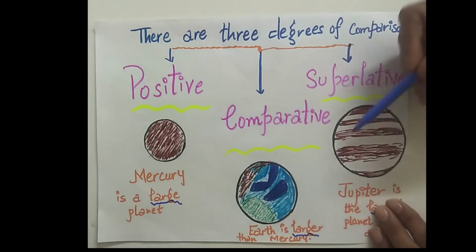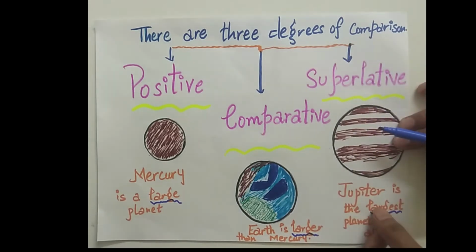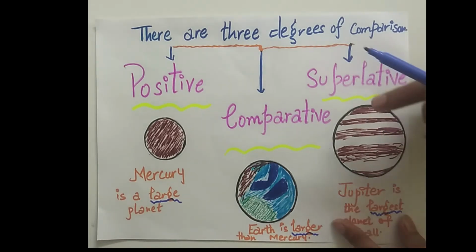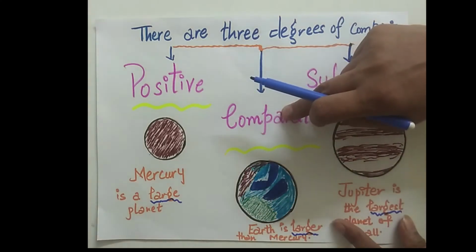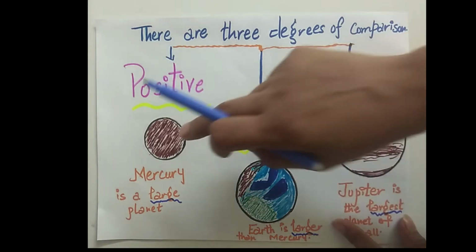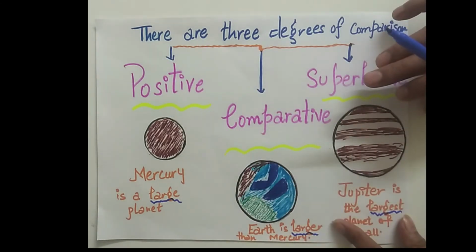And the third picture, that is of Jupiter, the word largest, L-A-R-G-E-S-T, is in the superlative degree. There is comparison between more than two things. Jupiter is compared to Earth, Mercury, and all other planets also.